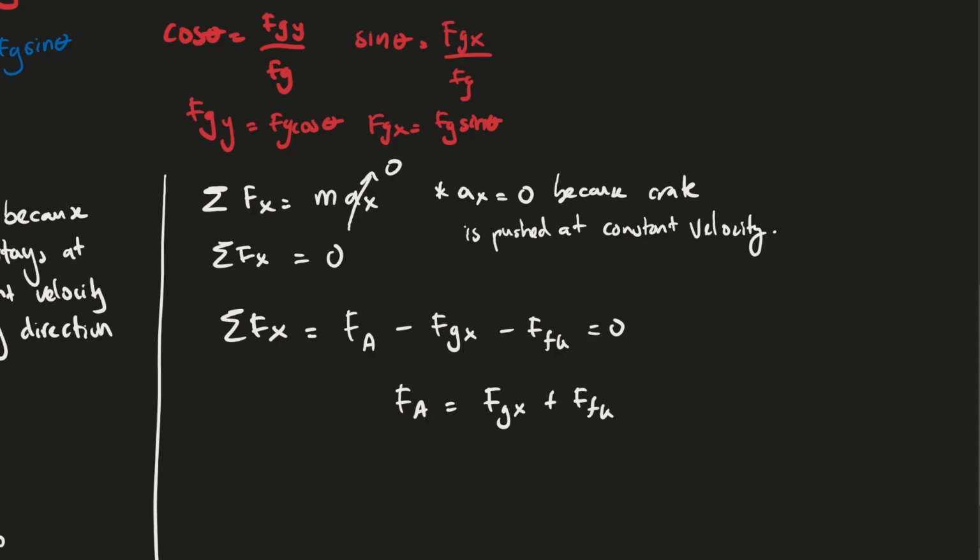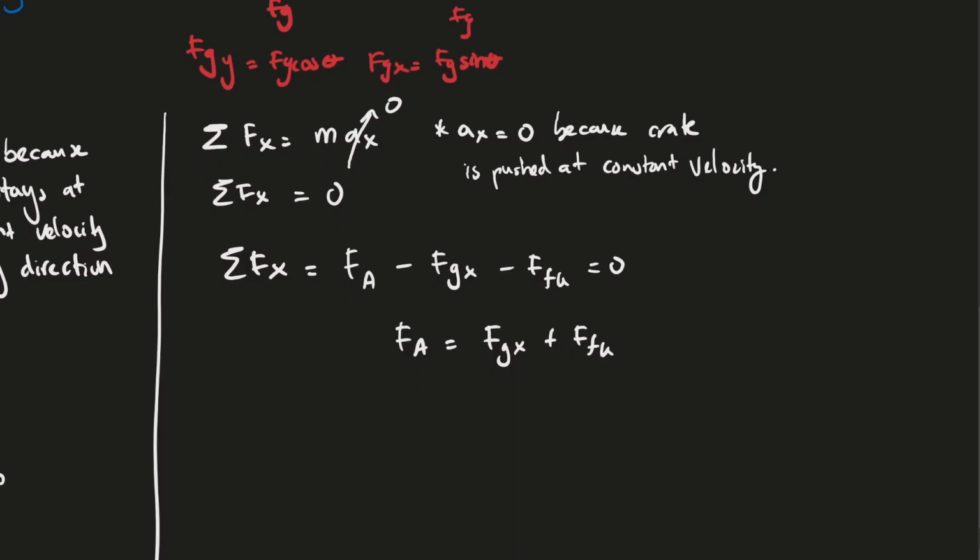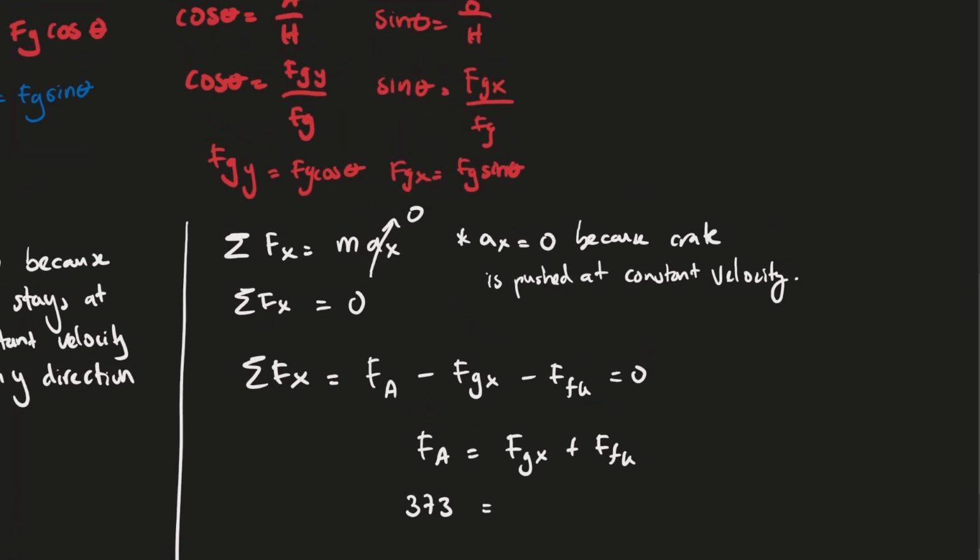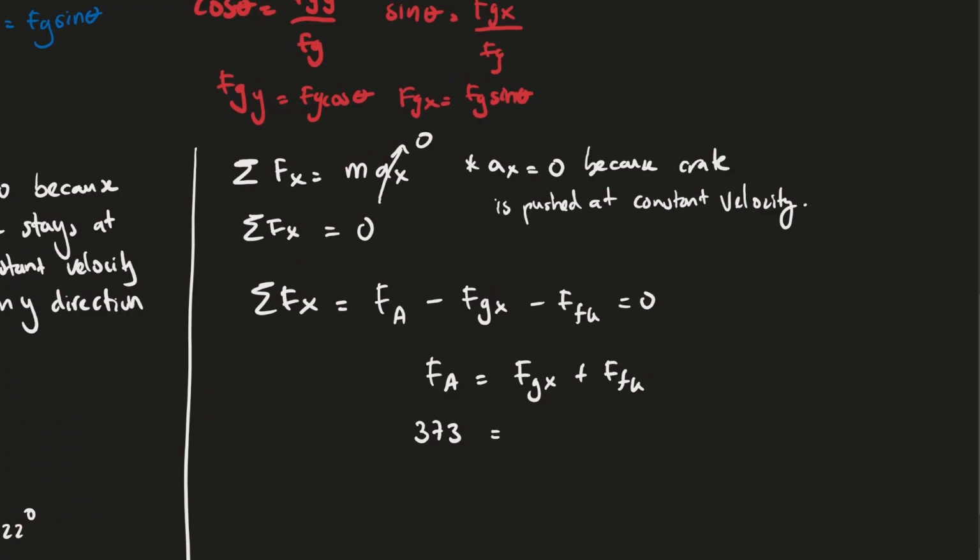Now, let us break it down further. Our force applied, they mentioned in the question, is 373 newtons, right? And our Fgx, as we have solved before, is equal to Fg times sine theta. So Fg, the force of gravity, is going to be mg sine theta, which is 22 degrees, and that's going to be added with our force of friction.